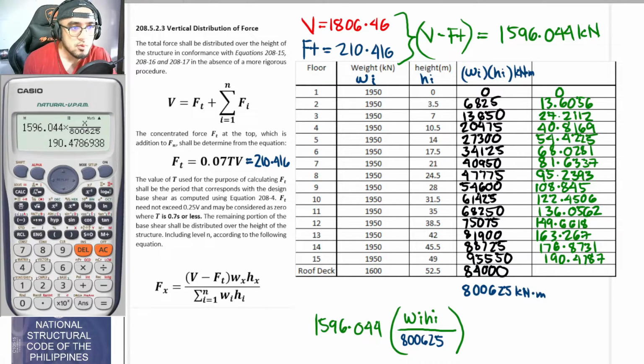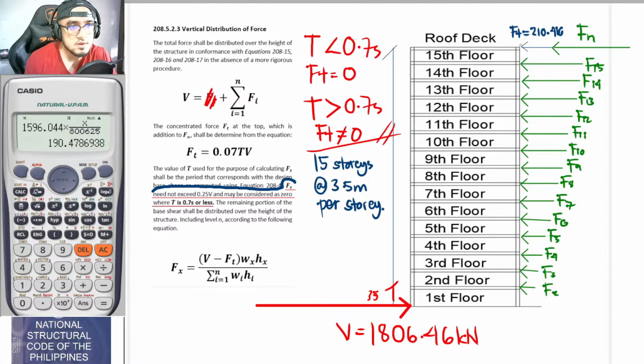Okay, so once again, if you can remember for the roof deck or the final one, the force that will be concentrated here will be Ft plus Fn. Because of course, we have both of these vectors or these forces going in the same direction.